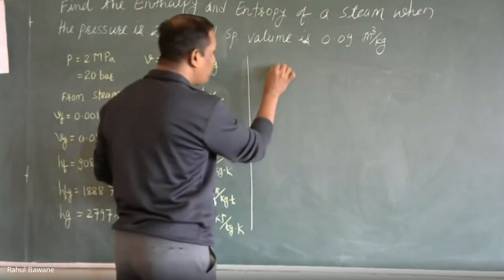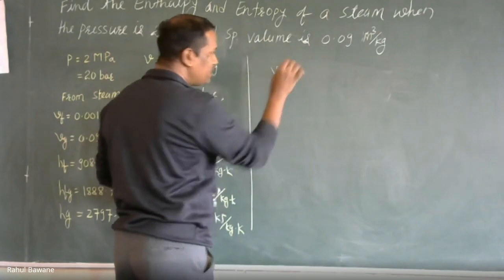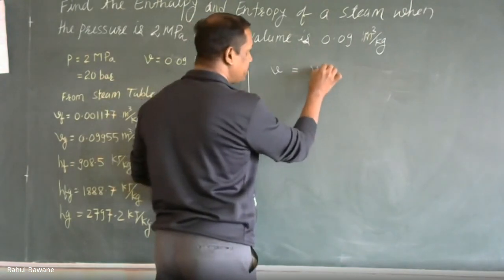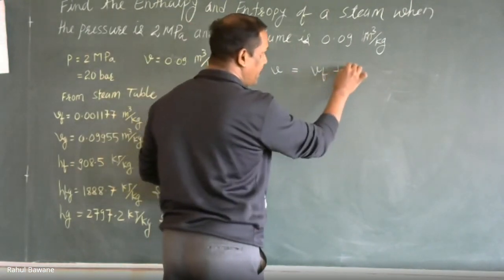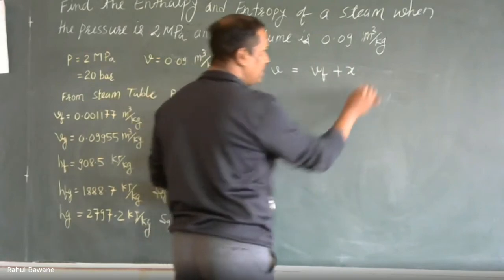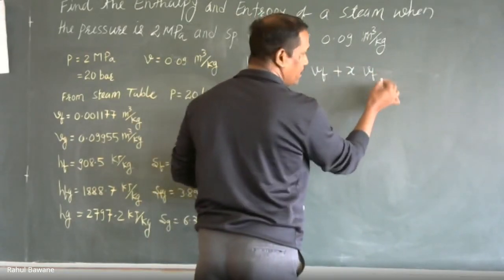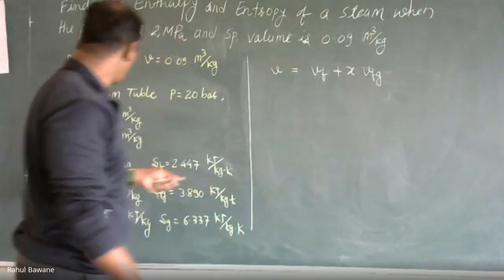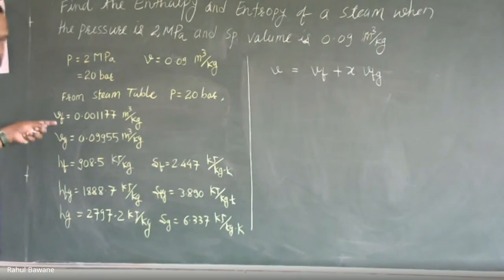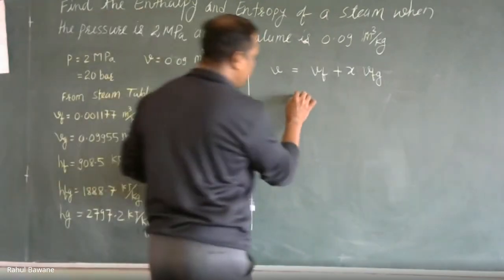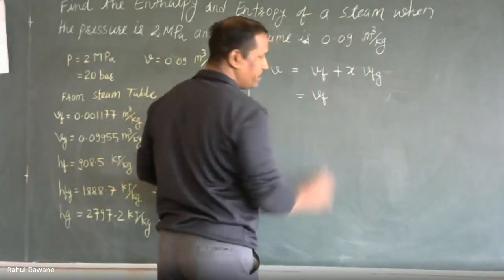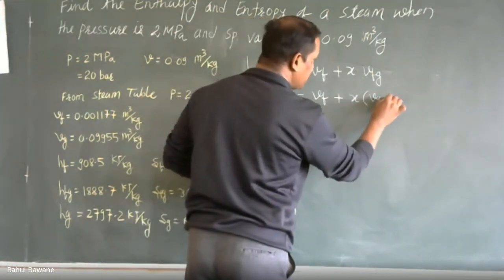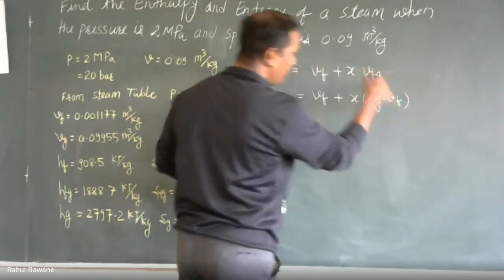So how do we calculate the specific volume of this given steam? Specific volume is the specific volume of fluid plus X, the dryness fraction, into the specific volume of fluid and gas. But there is no column or data for fluid and gas specific volume. So we rearrange: specific volume of fluid plus X into specific volume of gas minus specific volume of fluid.